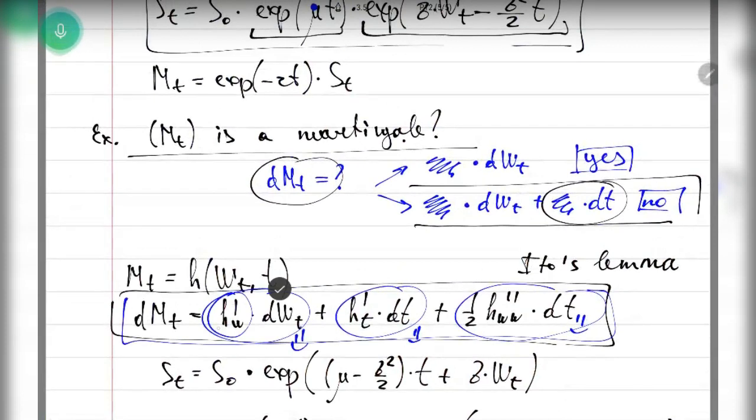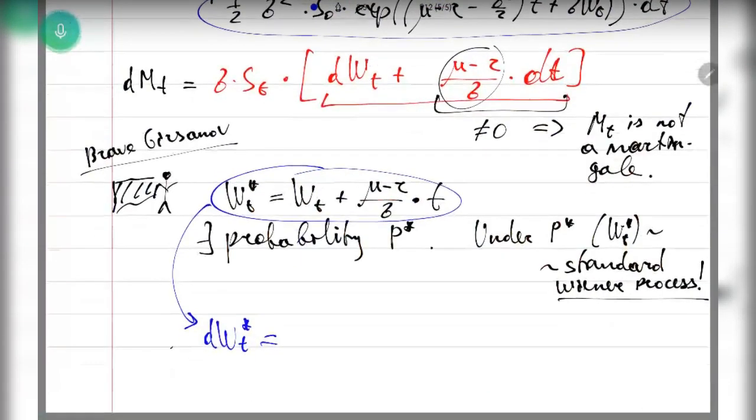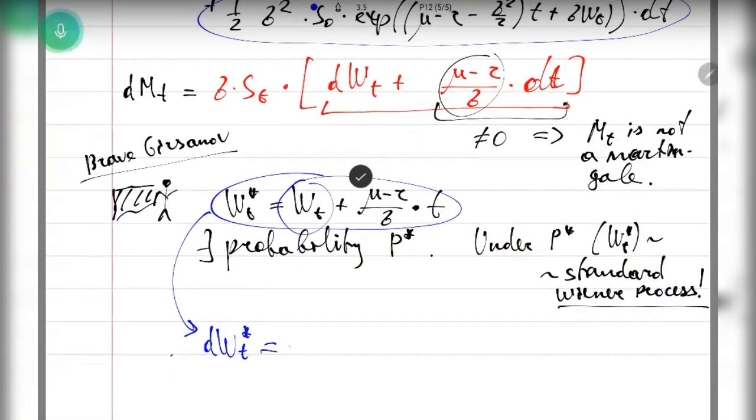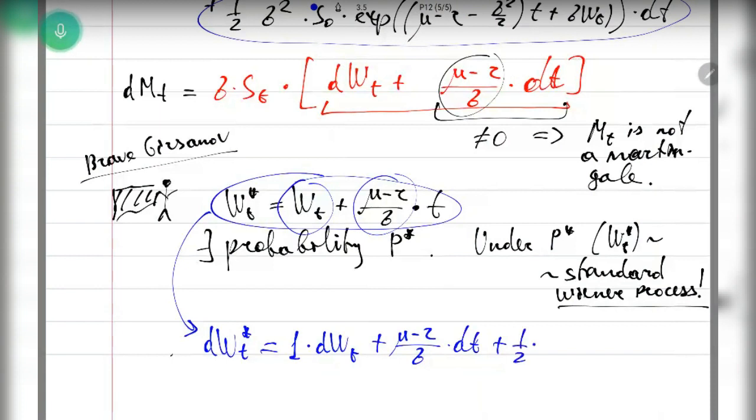I calculate the derivative with respect to W times dW, the derivative with respect to t times dt, plus the second derivative with respect to W. In this case, the derivative with respect to W is 1 times dW, plus the derivative with respect to t is (mu minus r) over sigma times dt, plus the second derivative with respect to W, that will be 1 over 2 times 0 dt.